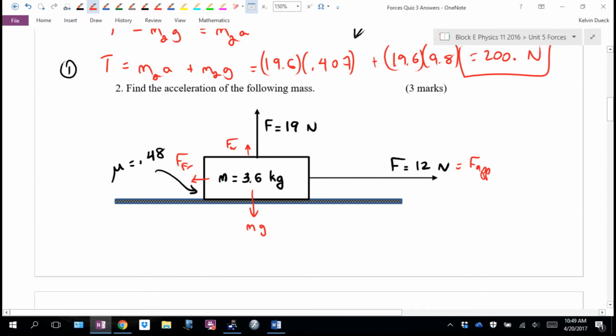There's friction. Hey folks, who's winning? Good. Who's losing? Good. What's that going to equal? Because there's only one mass. What are they asking me to find? How to get the A by itself.